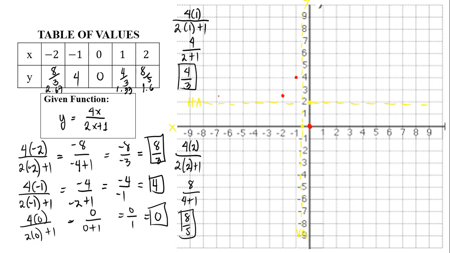Next, if your X is 0, then Y is 0. Ayan na yun, nasa gitna na siya. If your X is 1, then your Y will be 1.33. So, let's say, ito po yan. And then, last, if your X is 2, then your Y will be 1.6. So, let's say, ito po siya.